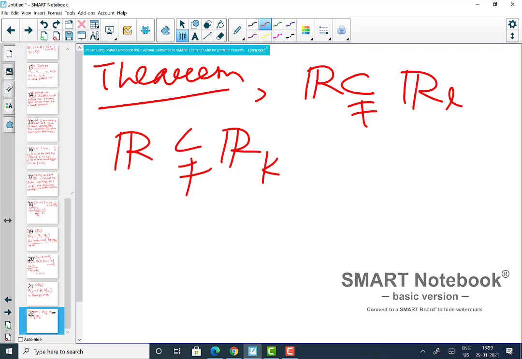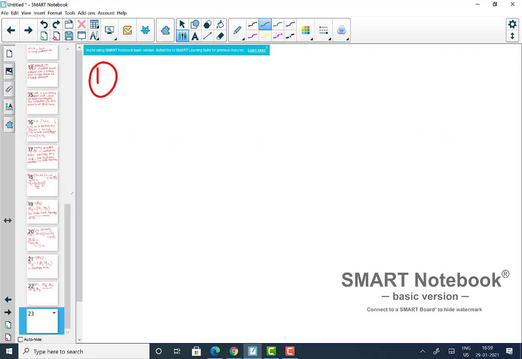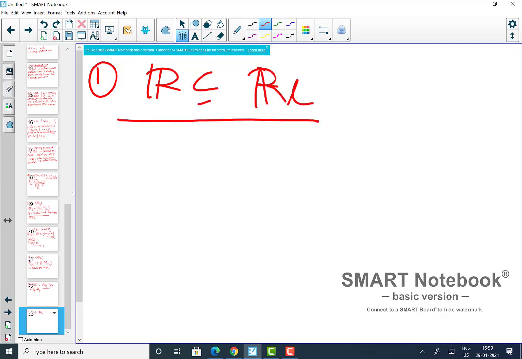So how do you prove that? Let me first prove that R is strictly inside RL. This is almost obvious, because whenever you choose a basic open set, an element of a basis, we just proved that in the first theorem. What was the theorem?